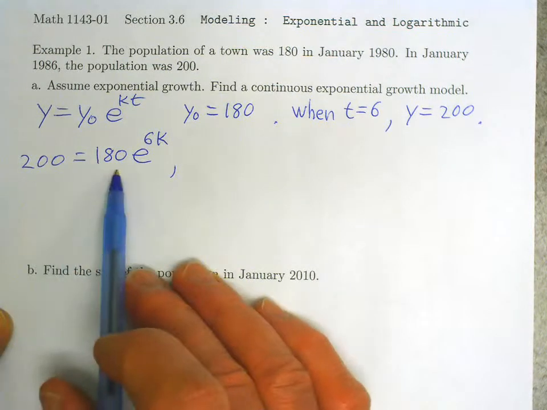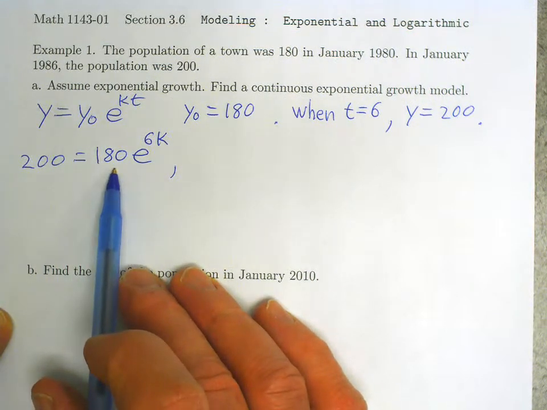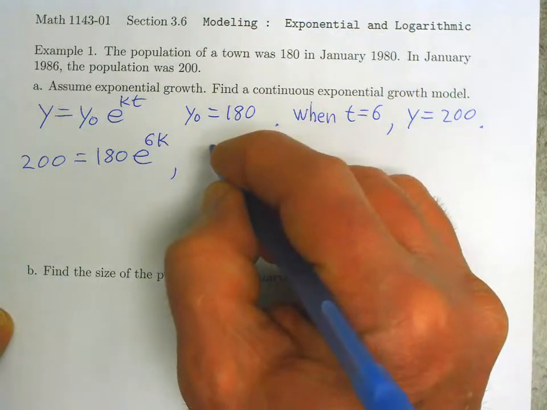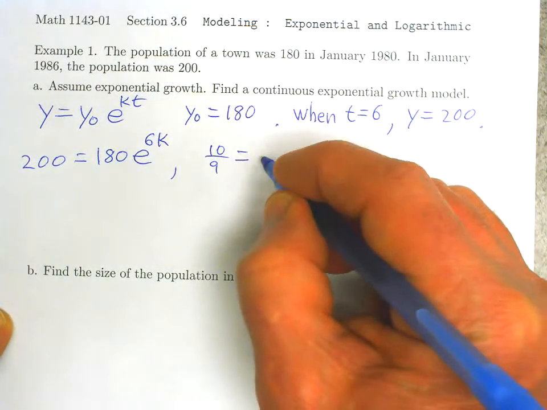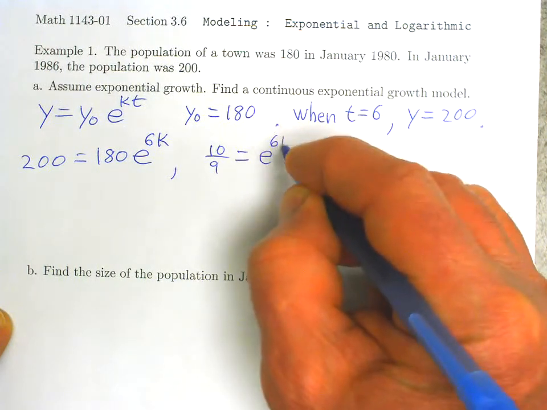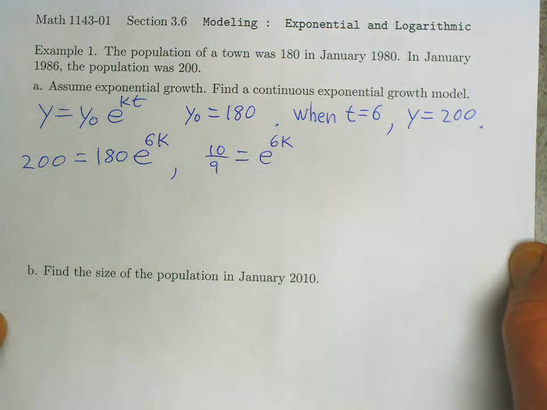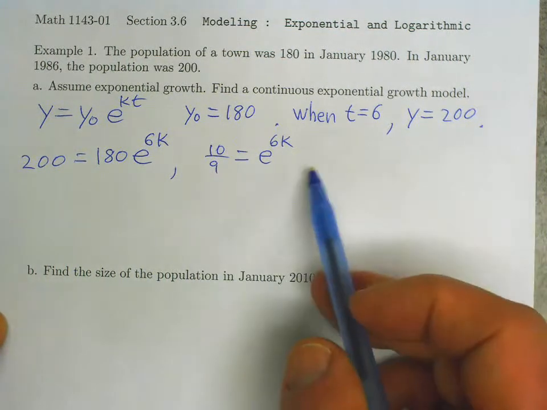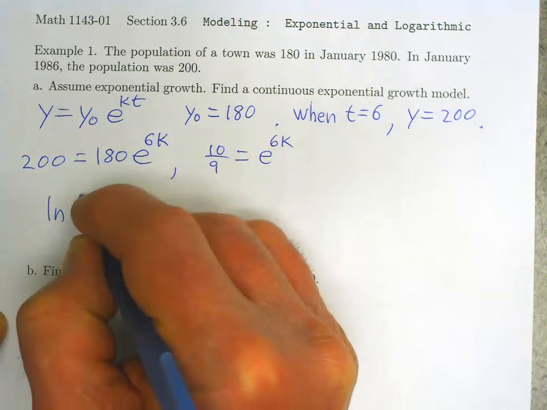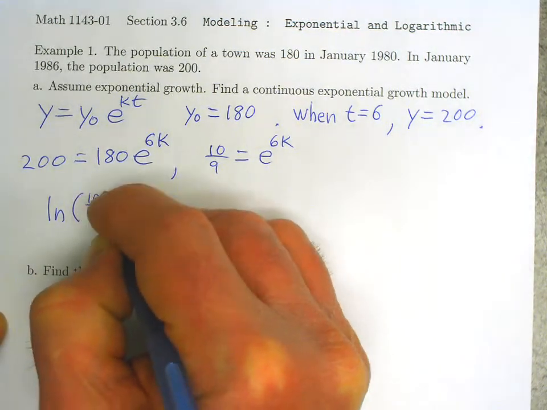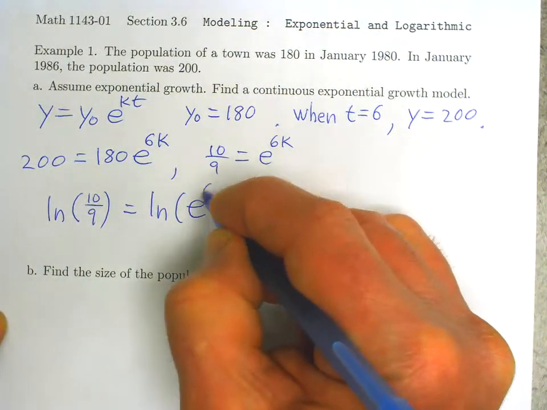And 200 divided by 180 simplifies to 10 over 9. So I'll just write it as 10 over 9. That's equal to e to the 6k. And then we'll take the natural log of both sides. So the natural log of 10/9 equals the natural log of e to the 6k.